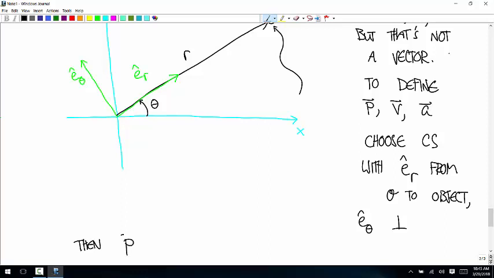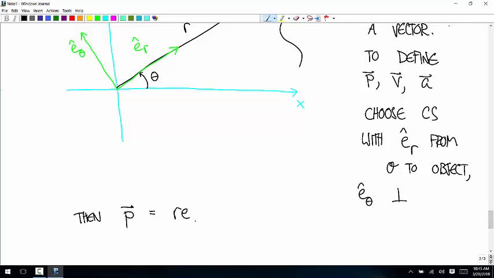Then the position vector is just equal to r times that e_r axis plus 0 e_theta, or we'll just think of that as r, 0, where that first one refers to the e_r, and that second one is e_theta. Yes, that's right.